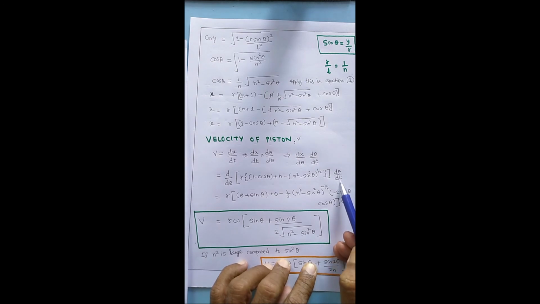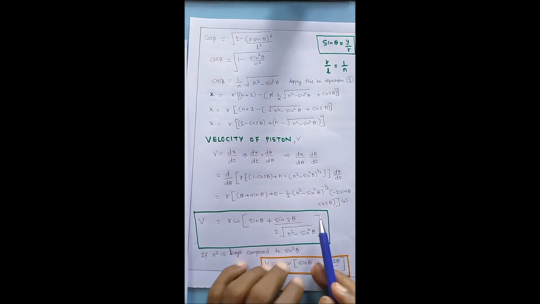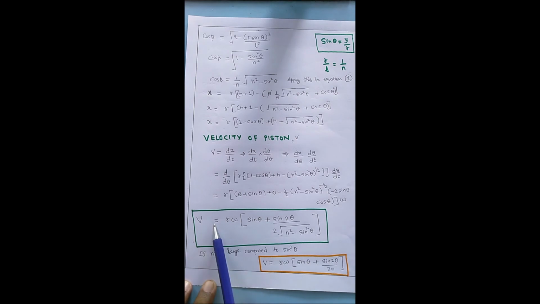The d theta divided by dt will be omega. So v is equal to r omega, then sin theta plus, minus into minus will be plus, 2 sin theta cos theta we can write as sin 2 theta, divided by 2 root of n squared minus sin squared theta. This is the velocity of piston.